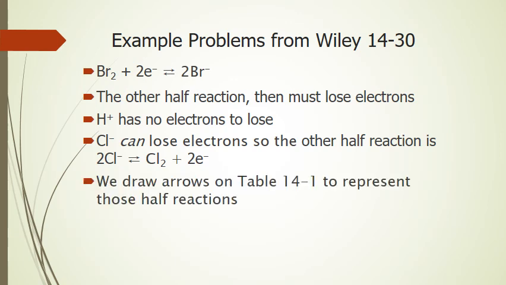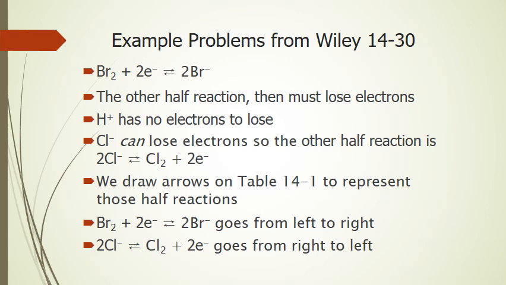So we draw arrows on table 14-1 to represent those 2 half reactions. The bromine half reaction goes from left to right. The chloride half reaction, losing those electrons, goes from right to left. Let's look at that.